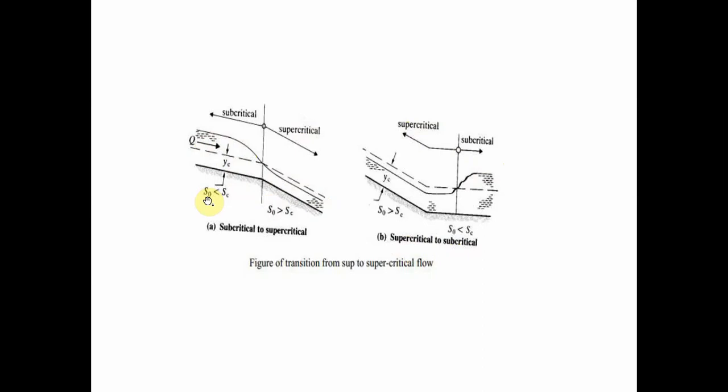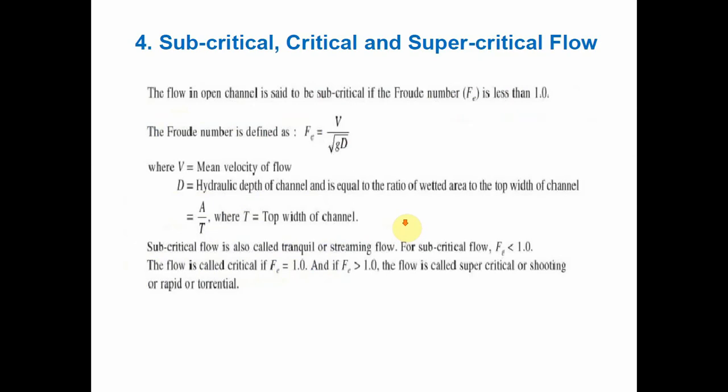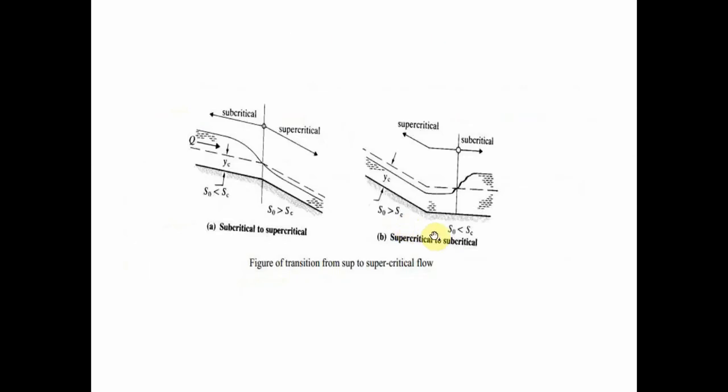So for subcritical, S0 is less than Sc. For supercritical, S0 is greater than Sc. Similarly, here it is normally uniform, and here it is a little bit enlarged, and see, the depth goes on increasing here. In the other case, S0 is greater than Sc, and in this case S0 is less than Sc.